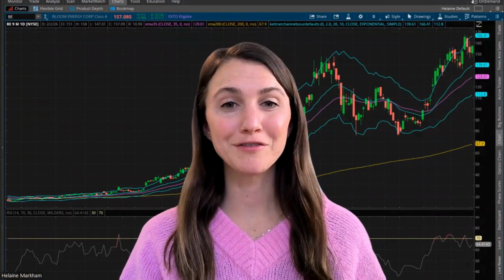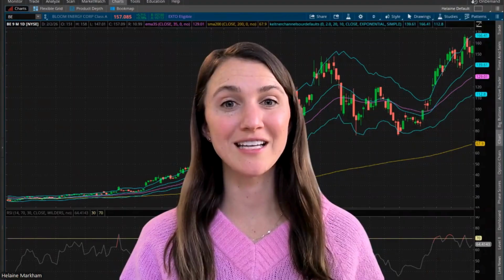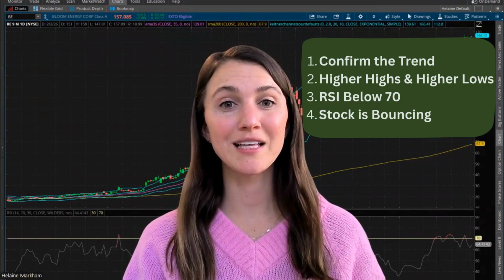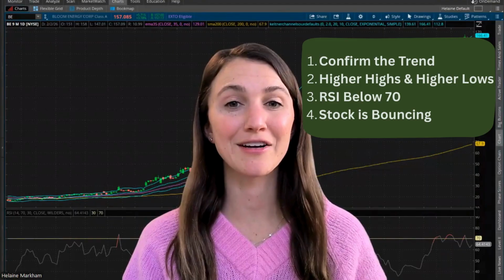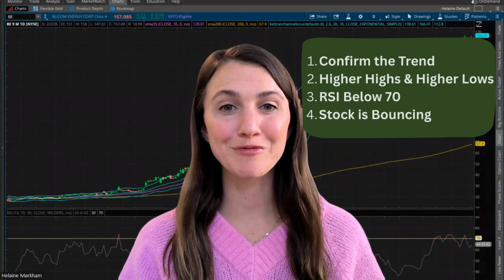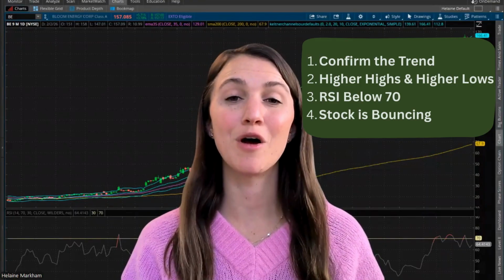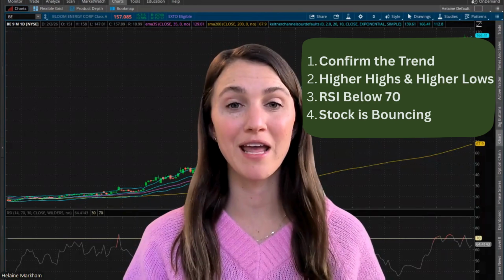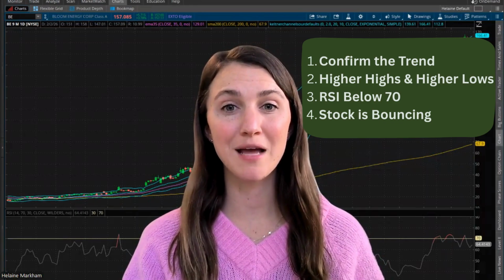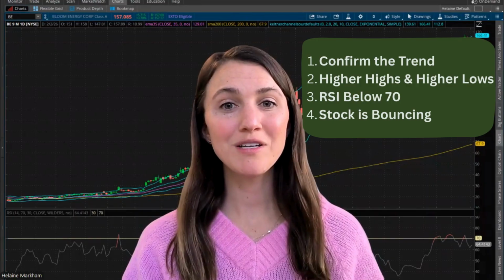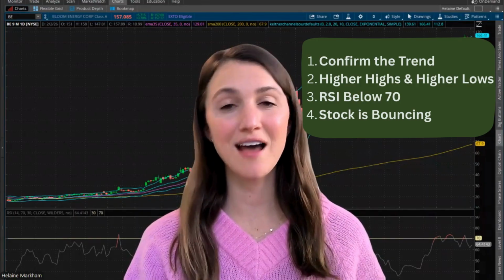Okay, a quick overview of those four steps that we saw today. First, we want to make sure that the stock is trading higher. So we want to confirm the trend. We want to see that the stock is going from the lower left-hand corner of the chart to the upper right-hand on a 3-month time frame. Next, we want to see a series of higher highs and higher lows.